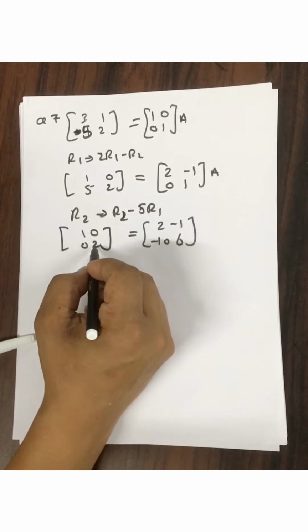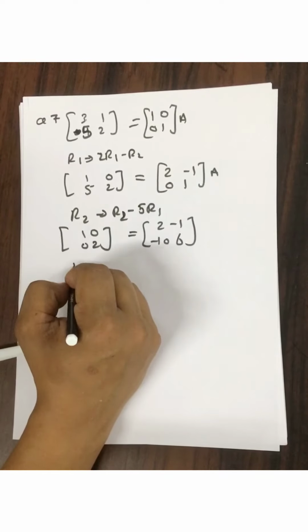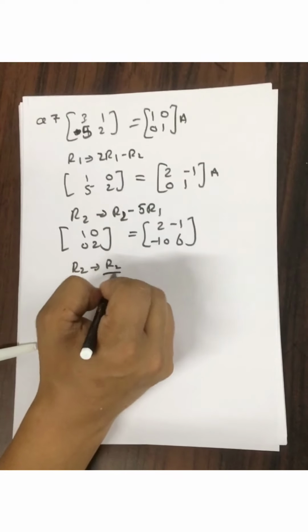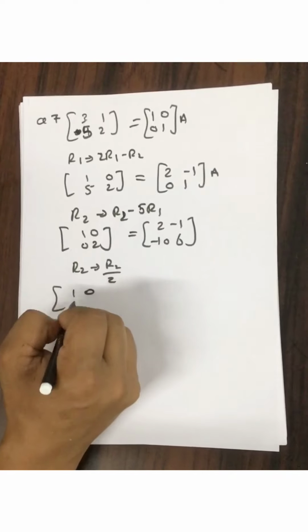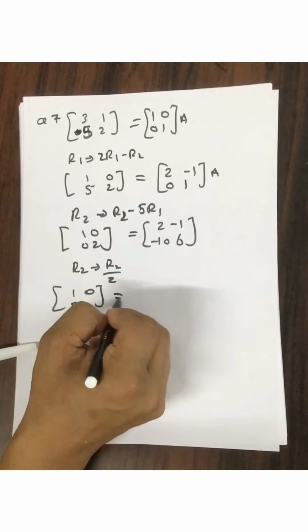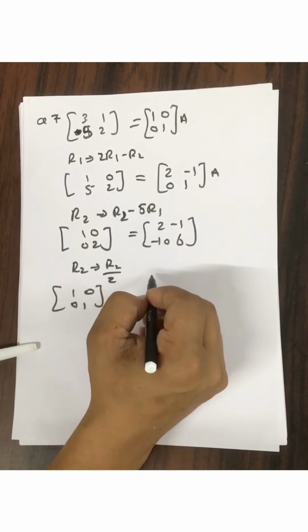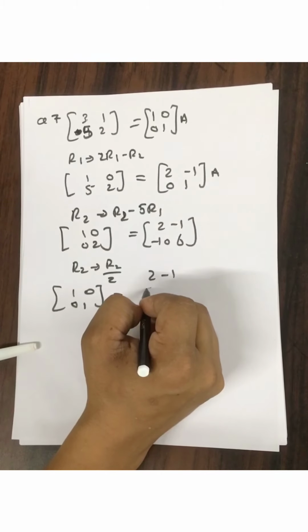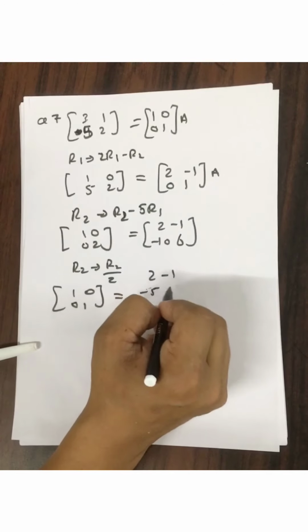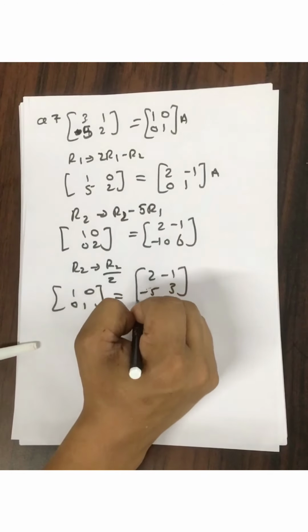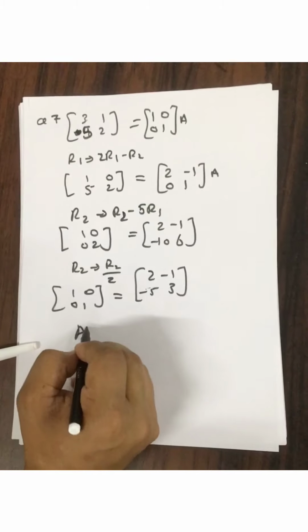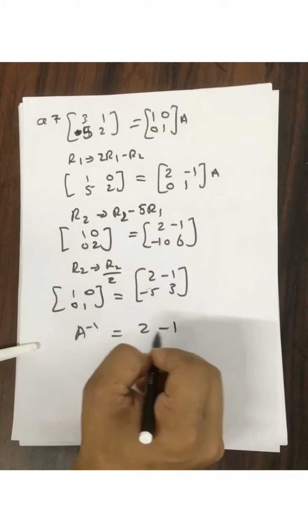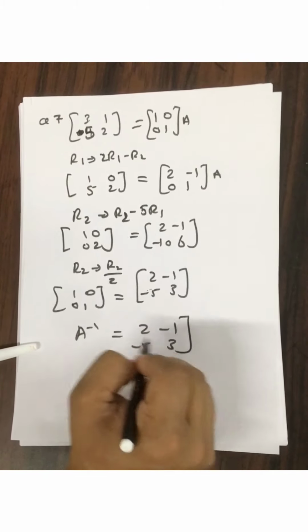Got it? Now one thing is left, only 2. So we divide by 2. R2 divided by 2. So what we'll get? 1, 0, 0, 1 equals 2, minus 1, minus 5, and 3. Got it? Simple. So A inverse equals 2, minus 1, minus 5 and 3. Got it? Let's move on to the next question.